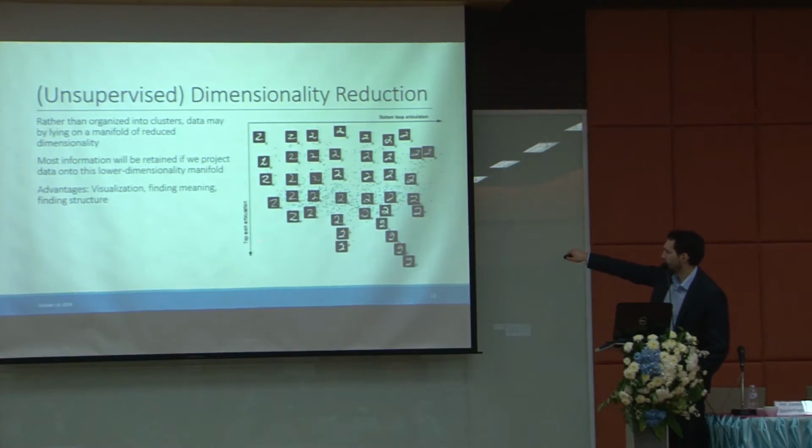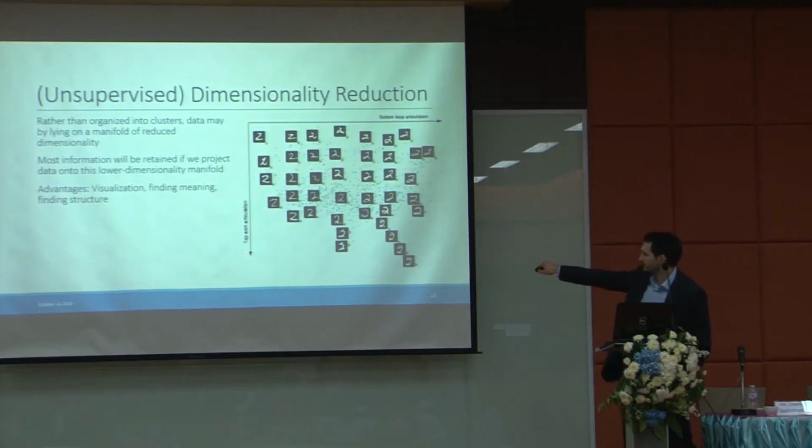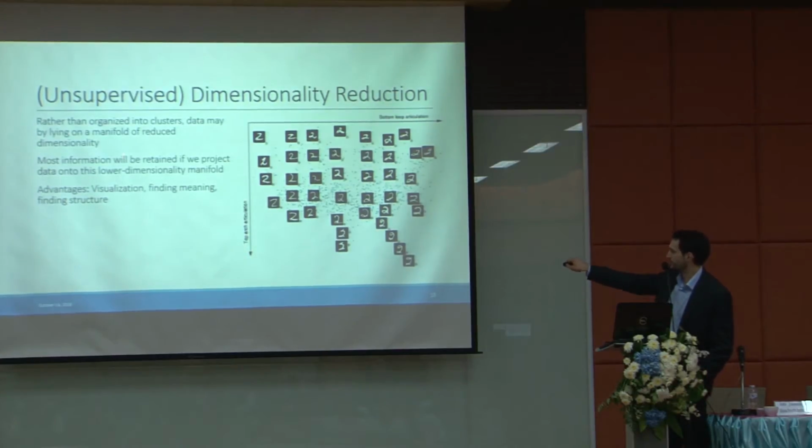And on here you have the top arch. So is it like this or is it kind of like this, right? And just based on these two things, you can reduce the dimensionality of each one of these twos and plot them down in some low dimensional space. Make sense? This is less important, so we can kind of skip this.